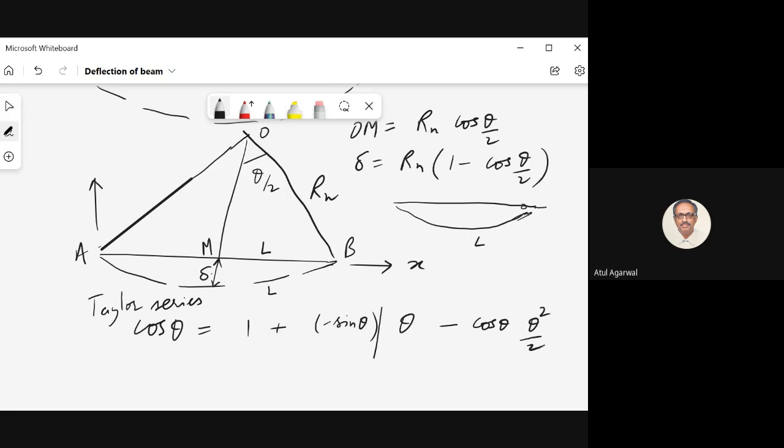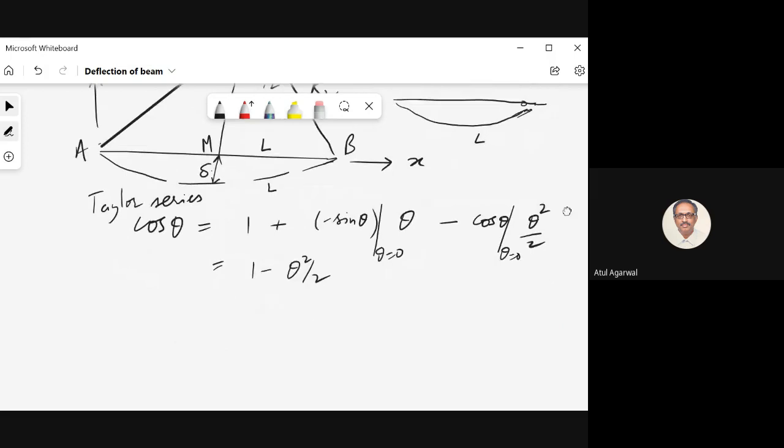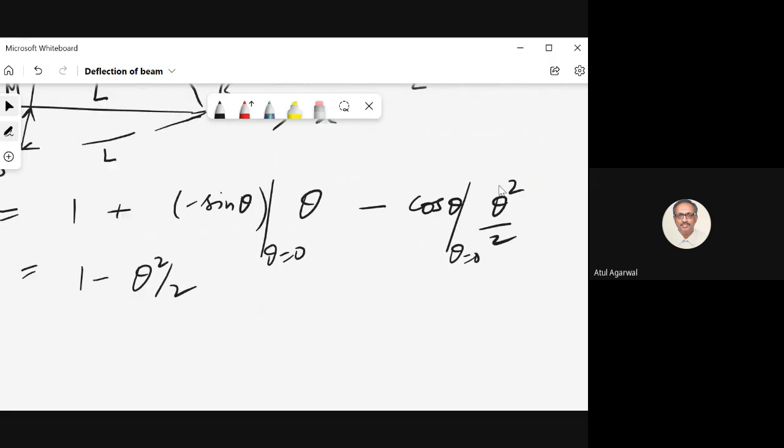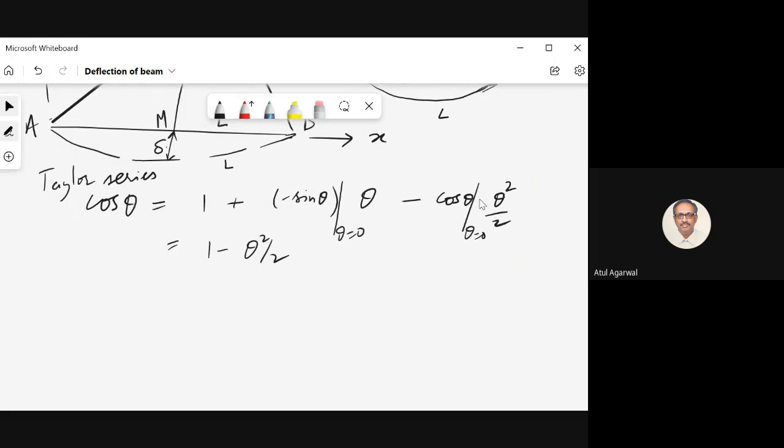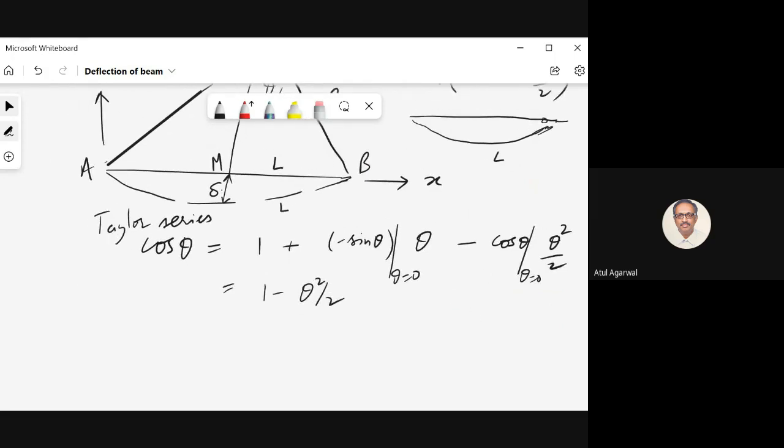I find the values of these derivatives at theta equal to 0. So I am getting 1 minus theta square by 2, ignoring the higher order terms. Now for cos theta by 2, I get 1 minus theta square by 8.